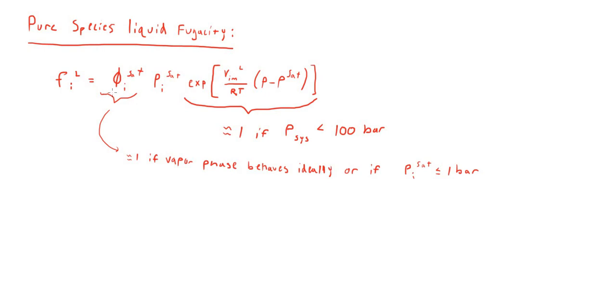So the fugacity coefficient at saturation pressure is going to be roughly equal to 1 if the vapor phase behaves ideally or if the saturation pressure is less than or equal to 1 bar. And this exponential term right here, called the Poynting correction term, is roughly equal to 1 if the pressure of the system is less than 100 bar. So this is usually canceled out and equal to 1 in most situations that we will be given in these problems.